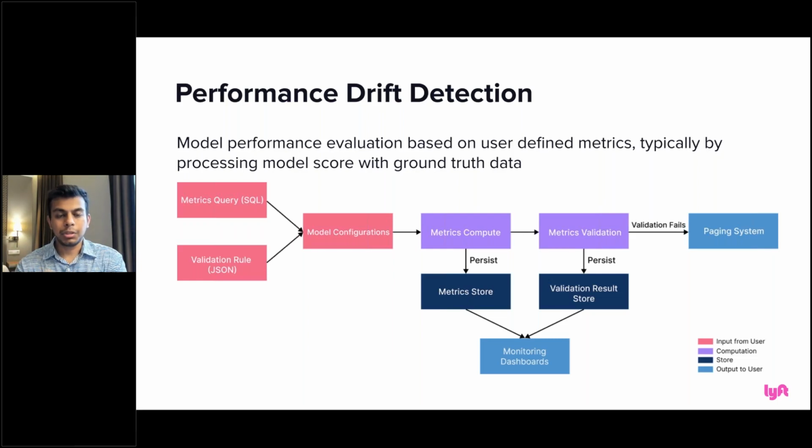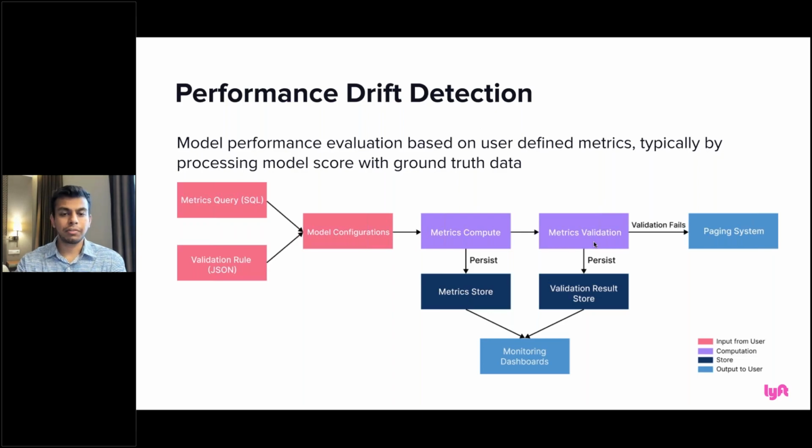And these are inputs that a user with domain knowledge would have to give to our configuration system. And once we have these pieces of information, we can join the model score with the ground truth data, and then run a metrics compute, and then run the validation rules on those things, and alert the user if the validation fails.